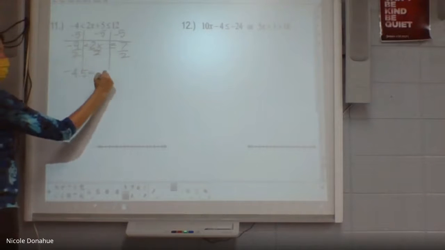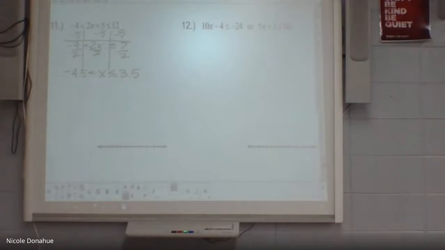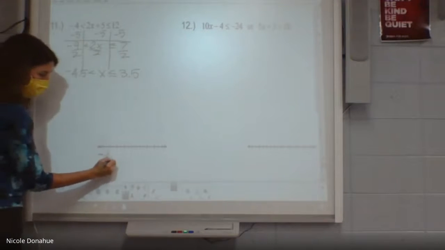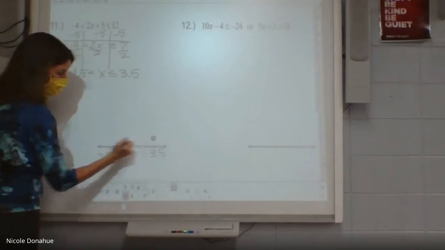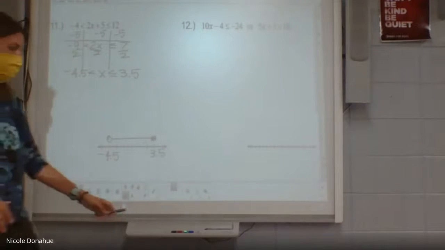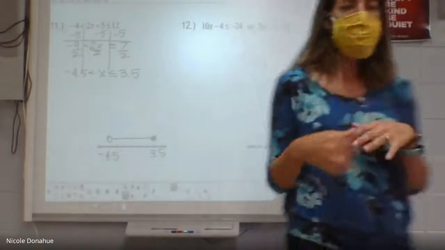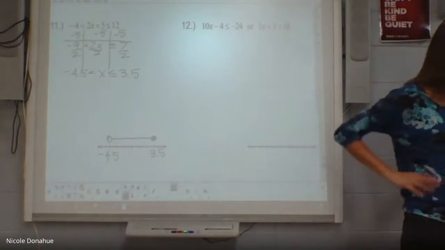And you could have left them as fractions as well. So negative 4.5, positive 3.5. Bigger than negative 4.5, less than positive 3.5, and then these come together. All right, questions there?